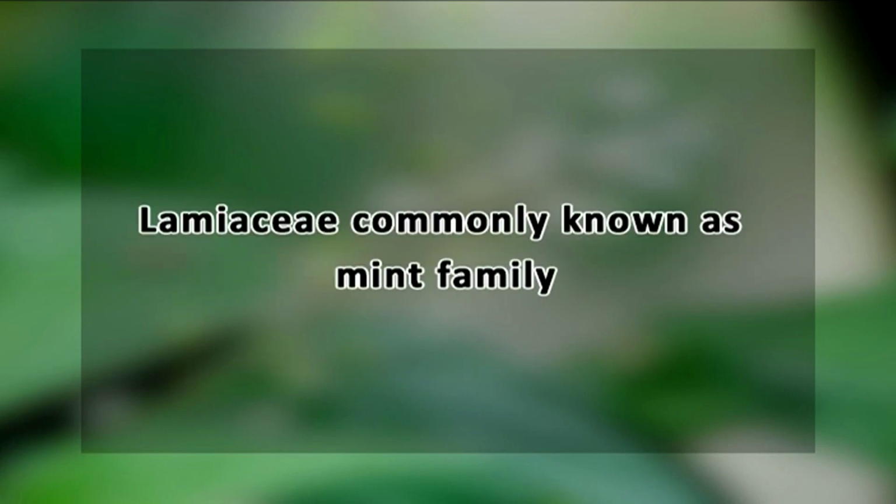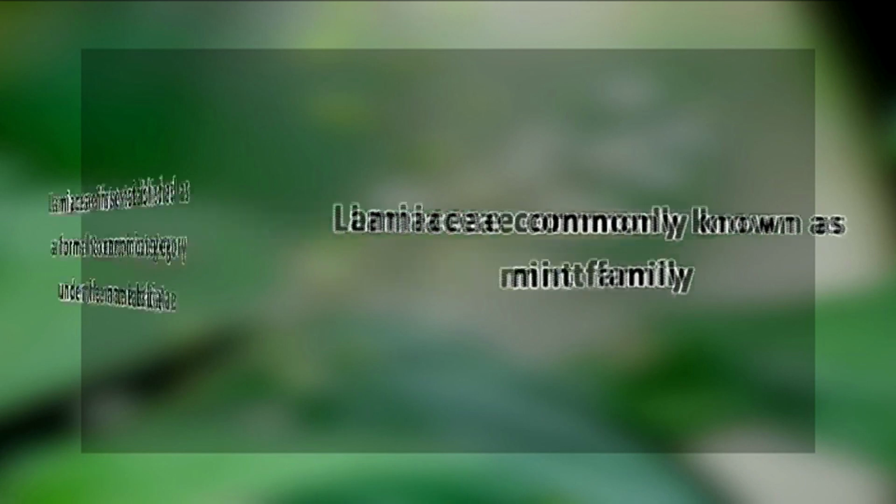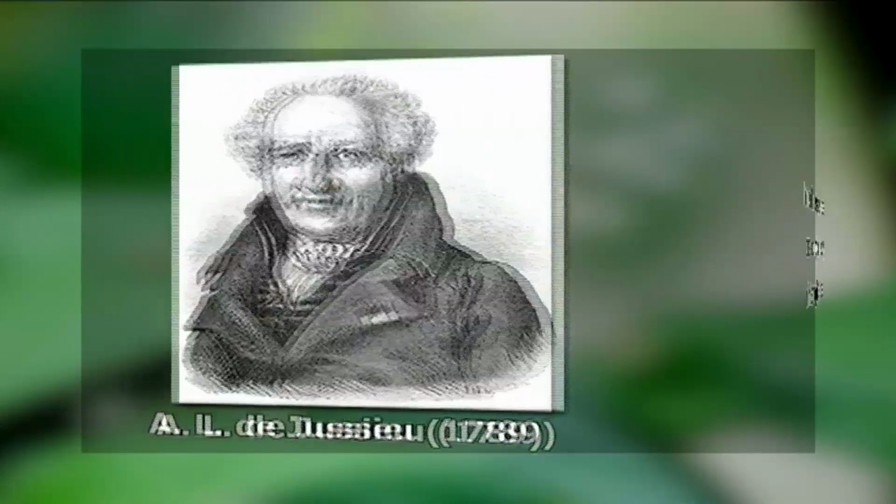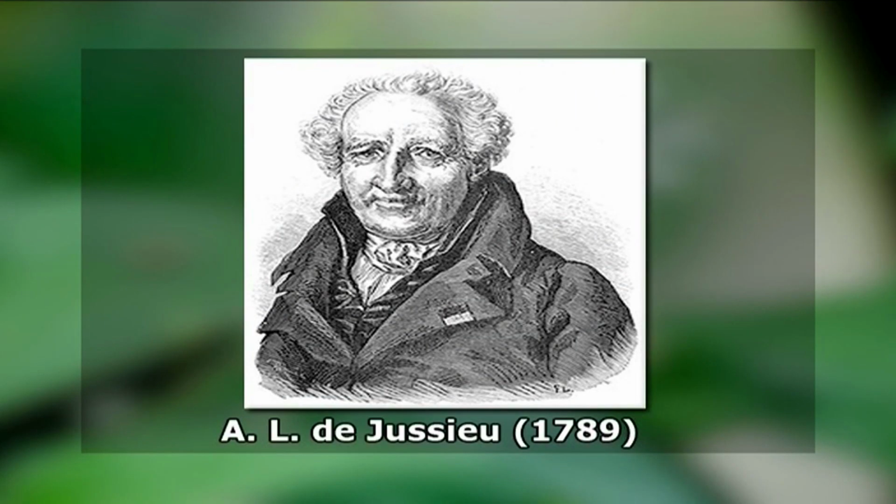The Lamiaceae is commonly known as the mint family. The family was first established as a formal taxonomic category under the name not Lamiaceae but Labiatae by A.L.D. Jussieu, a French botanist.